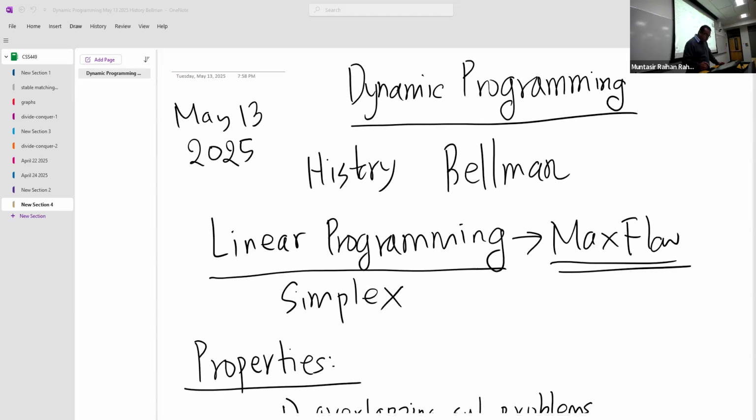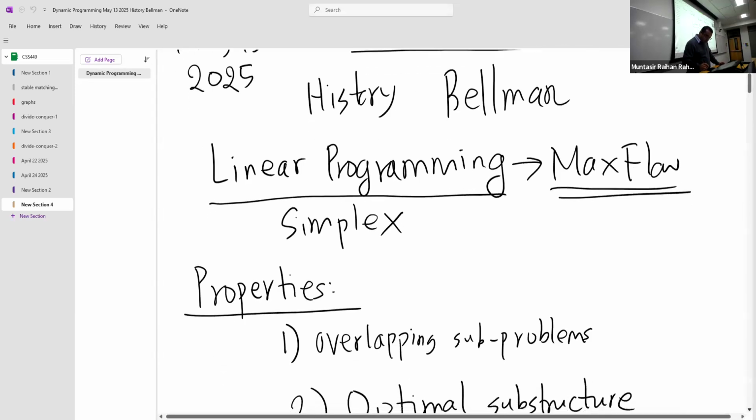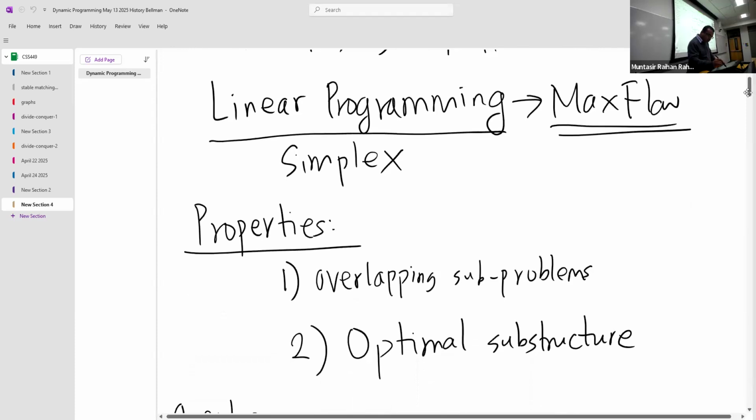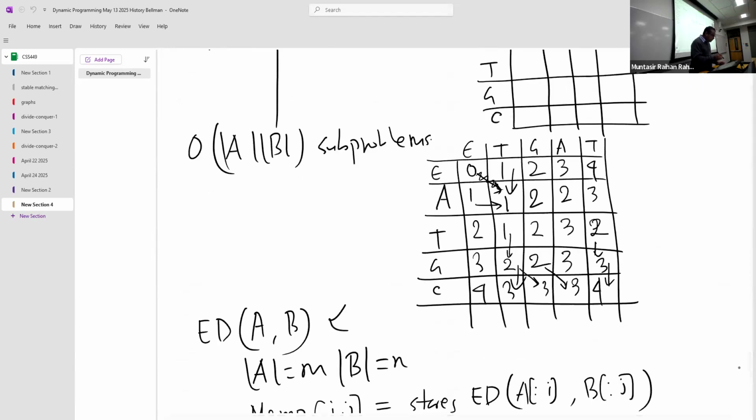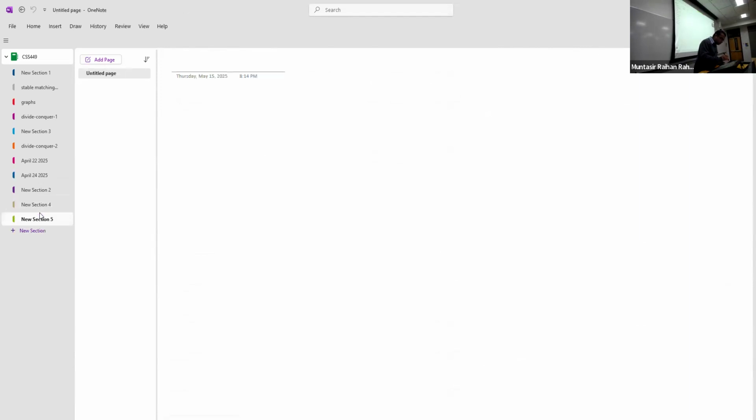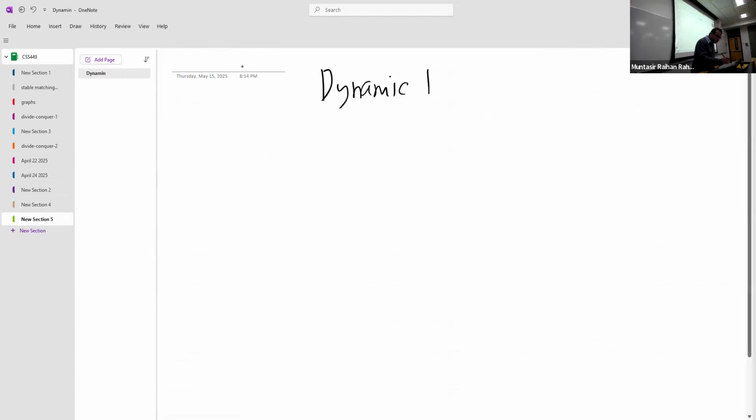Okay. So let's get started for today. We're going to continue with dynamic programming, and we'll look at some more examples. Dynamic programming part 2.